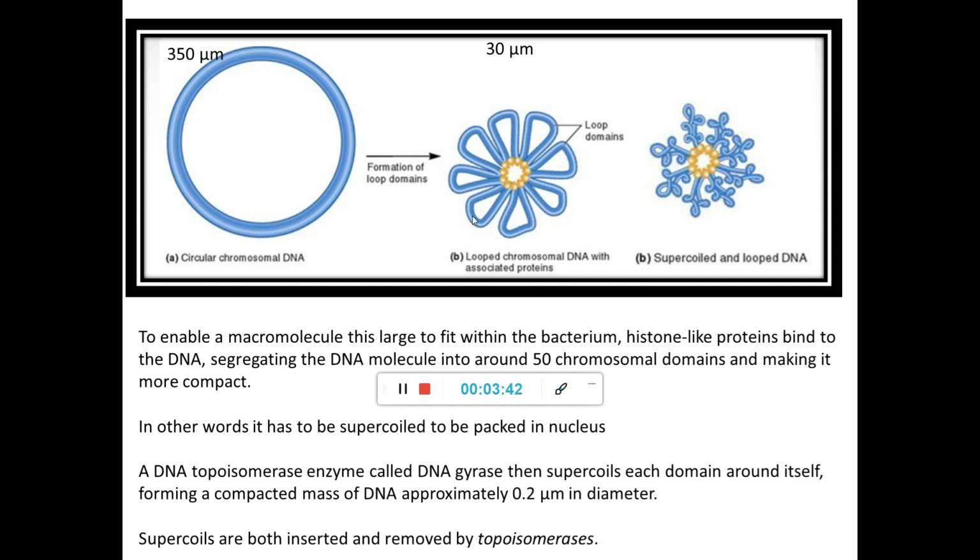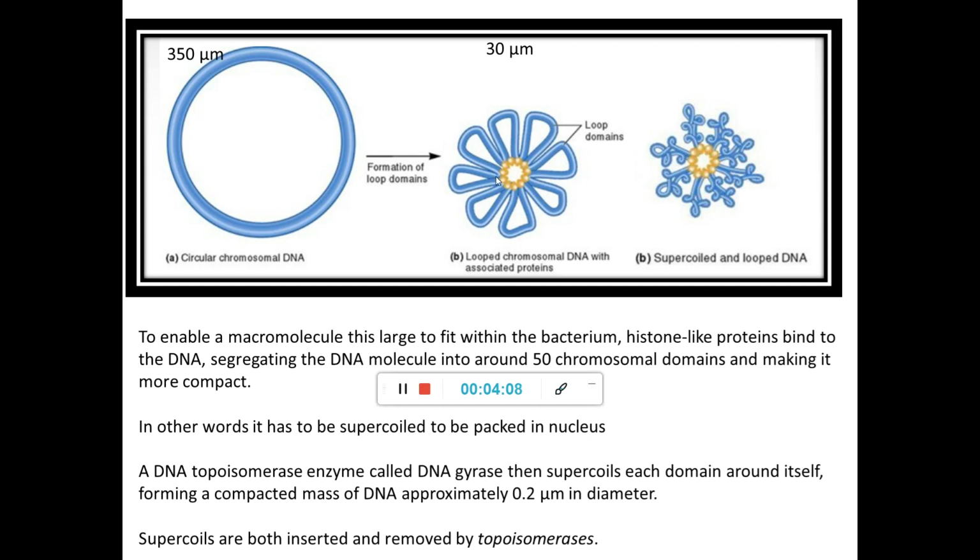As a result, the 350 micrometer size of the whole circular chromosomal DNA can be reduced to 30 micrometer. So from 350 micrometers we have converted it into 30 micrometers with the help of some people who pull the DNA towards the center so that it forms loop domains.